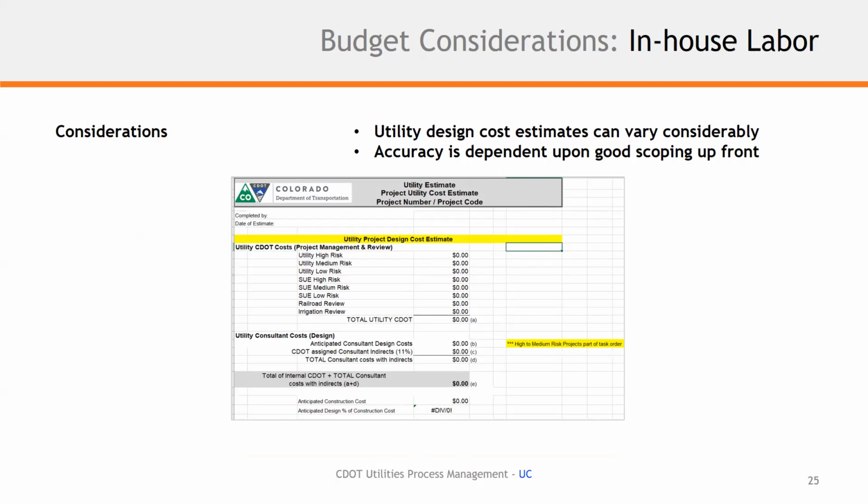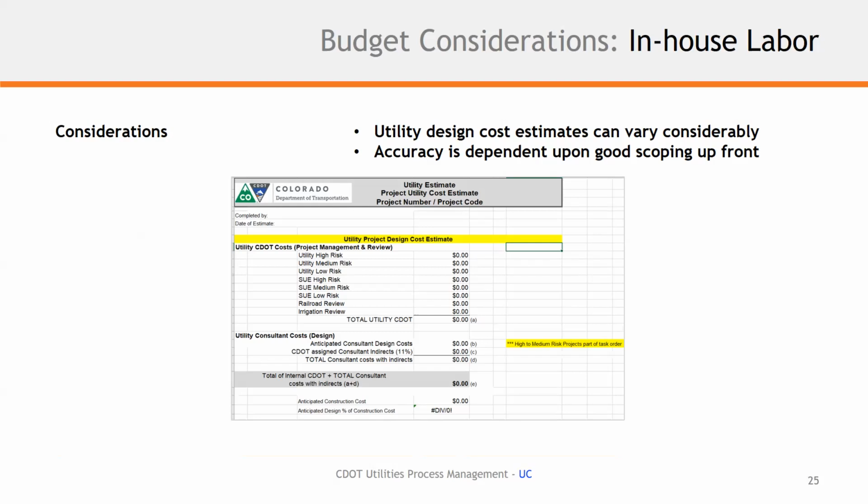One, it can be used just to look at labor cost of in-house labor, what we think our time is going to be if it's a high-risk utility situation, what our role would be, and how many man hours we have dedicated to that project in any number of categories. Or it could be used if you've got utility data and you know the project scope maybe more readily than other projects, and we can estimate relocation cost or what impacts you're going to have to existing facilities.